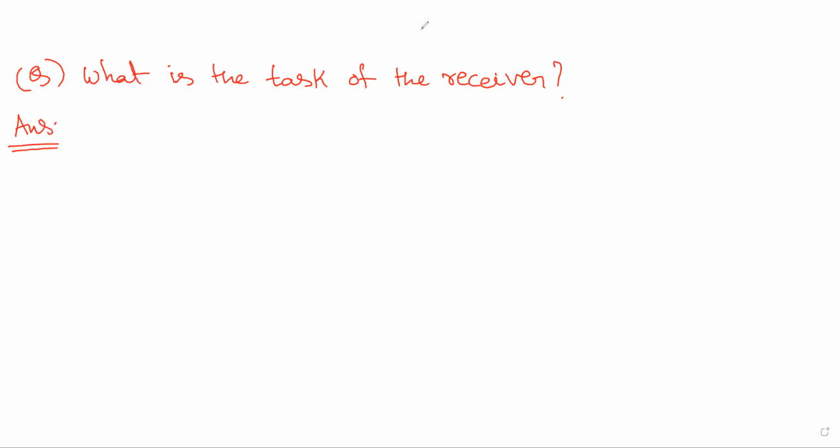The next question is, what is the task of the receiver? What is the task of the receiver? This is what we have to write.